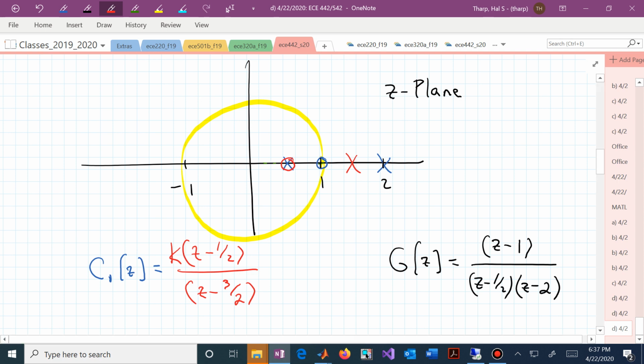We now just look at what segments on the real line belong to our root locus, and we look for those segments that possess an odd number of poles and zeros to our right. We will have a segment between 3/2 and 2. We will have another line segment belonging to the root locus to the left of that 0 at 1. And I think you can now sketch this, you know that this is 2 poles to the right of a 0.